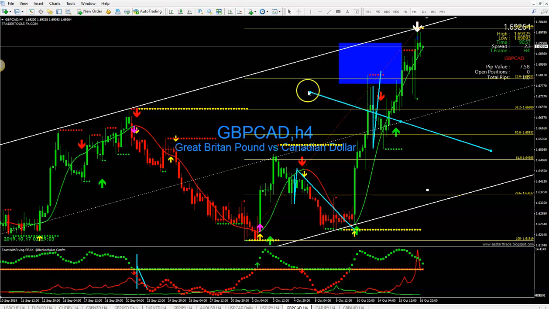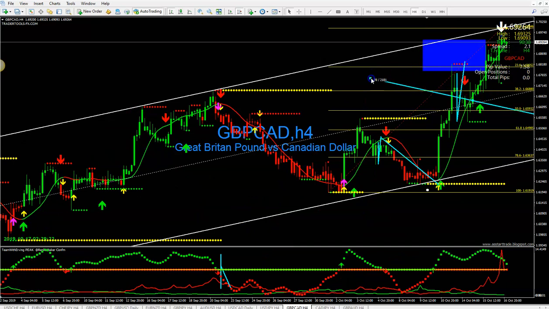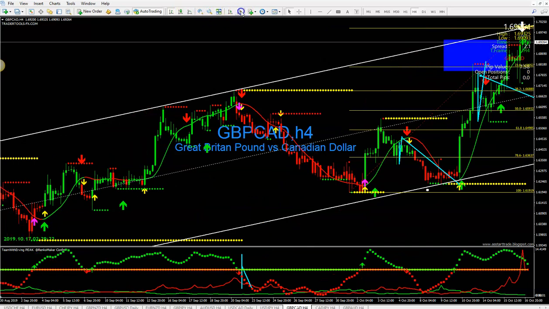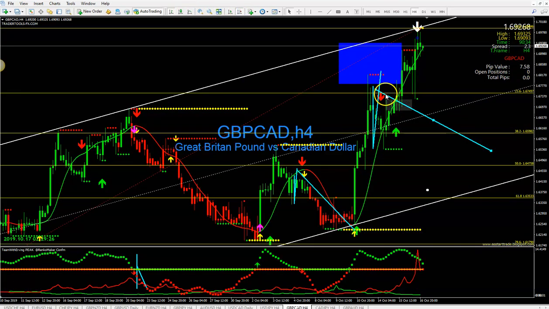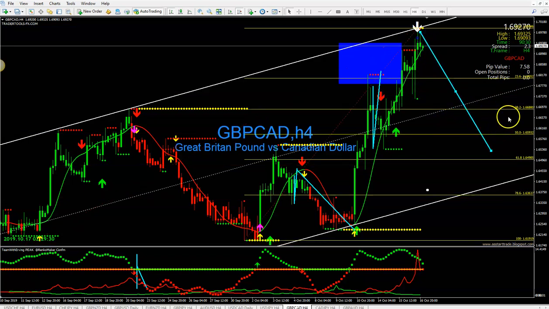Okay, because in that time frame, I thought, on this pair it was gonna do a pullback from our 23.6 Fibonacci line, and it gave us more pips than what we asked for. So right now, since it gave us more, usually I pay attention to our 38.2 Fibonacci line.